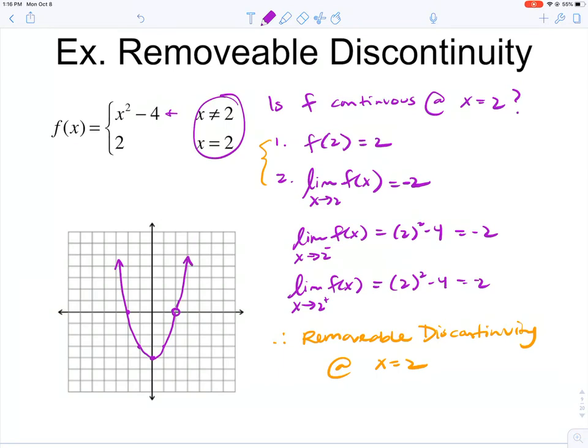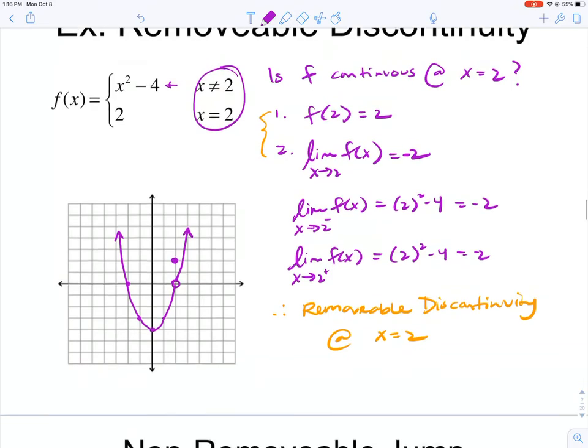Okay, but whenever x is equal to 2, y is equal to 2. So this would be like case 2 of whenever the limit exists. It's just the function evaluated at that value of x is different.